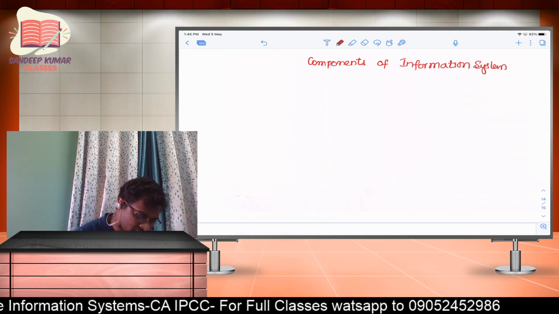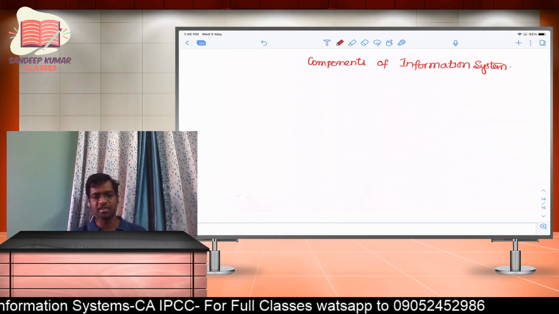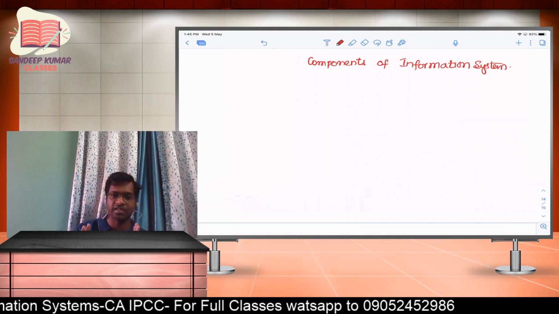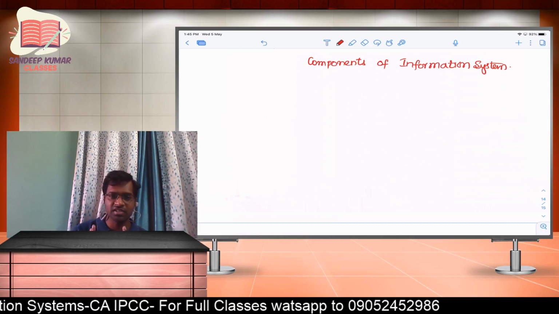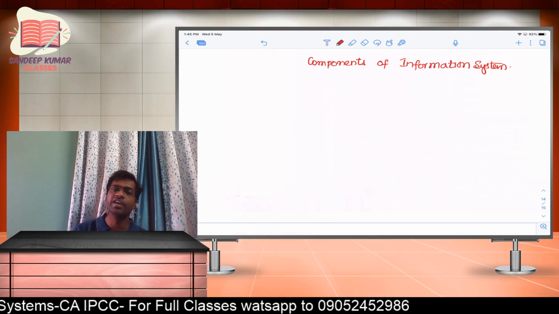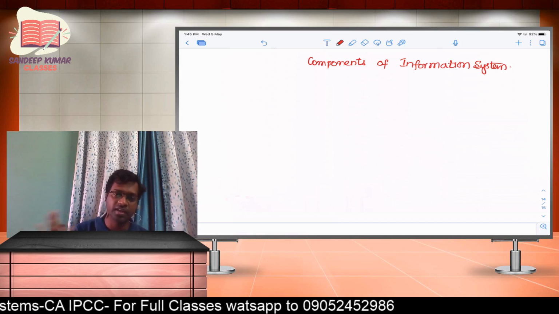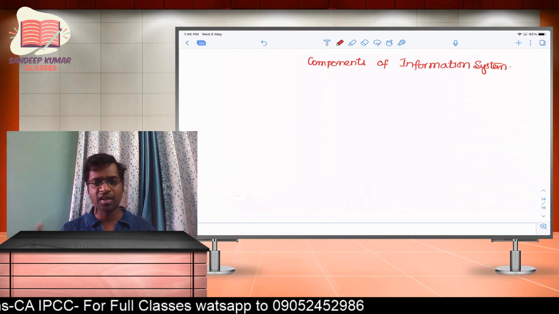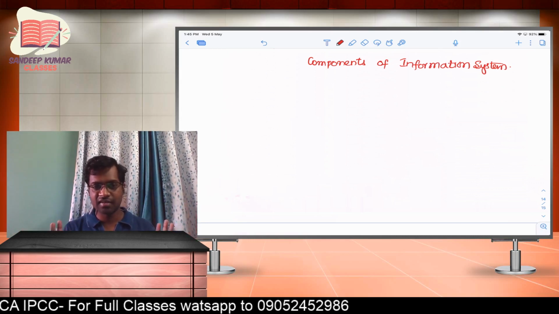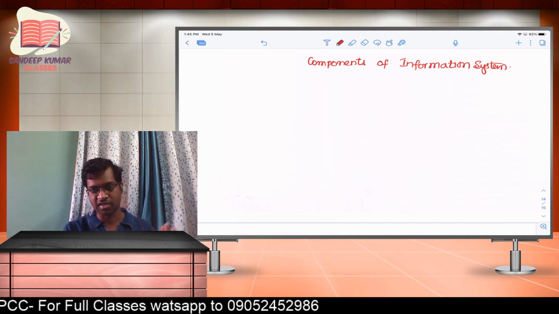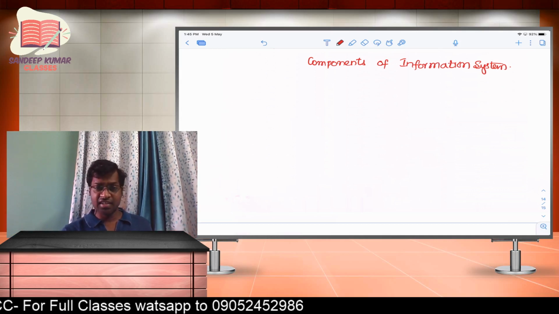By now you understood what an information system is. In layman's language, it is nothing but a software which is required to convert data into information so that it can be used by a person to take a business decision. That's it. There is no very difficult concept. It's a software that converts data into information. So let us study these components.